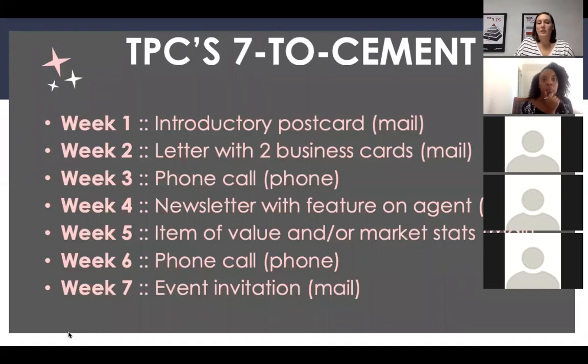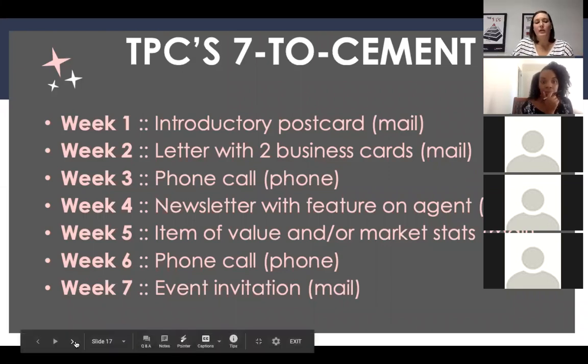So this is an idea with an introductory postcard, a letter with 2 business cards, phone call, newsletter, item of value or market stats, a phone call, and event invitation to just maybe get somebody re-engaged that you've had in the pipeline but have maybe stayed at the D or C, right? You want to push them forward and move your needle forward in your pipeline.